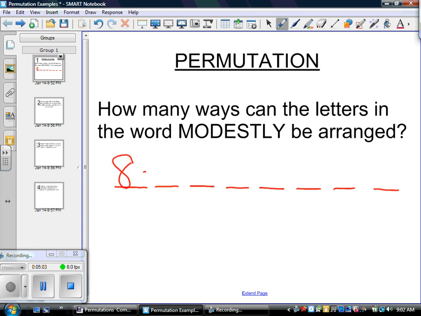Next time we try to place the letter in the second position, we only have 7 to choose from. We've used 2, now we have 6, and each time it's going to decrease by 1 letter in order to use all letters once in the arrangement.